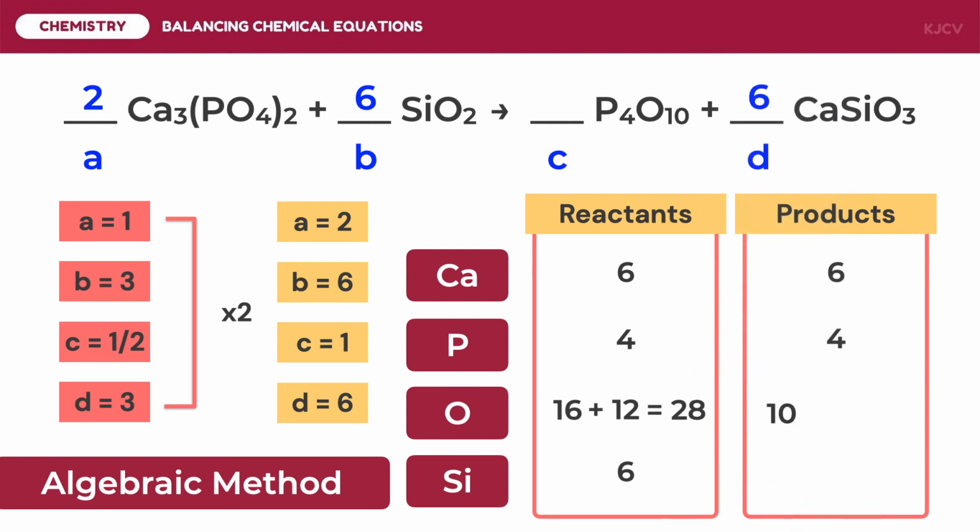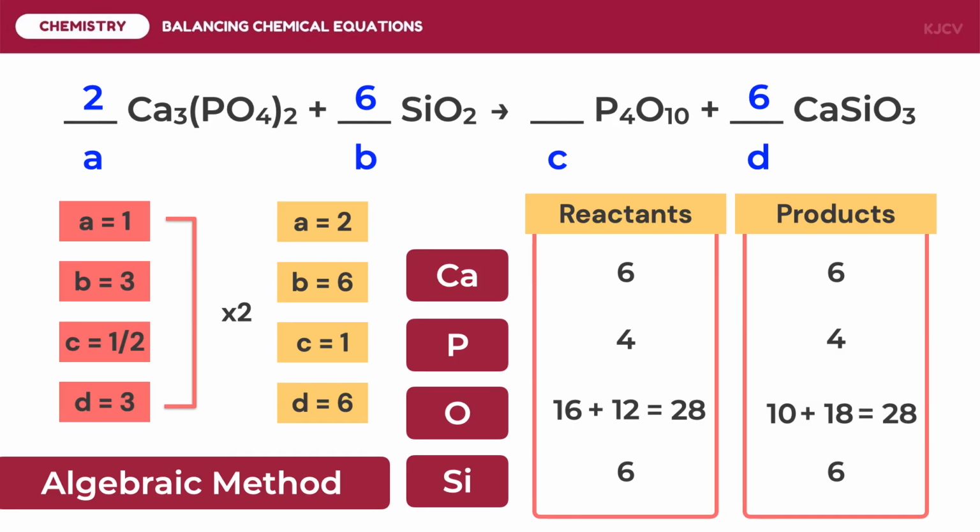It will also give us 6 silicon atoms. Lastly, 3 oxygen atoms multiplied to the coefficient will give us 18 that will be added to the first 10 oxygen atoms. Thus, we have 28 oxygen atoms all in all in the product side.